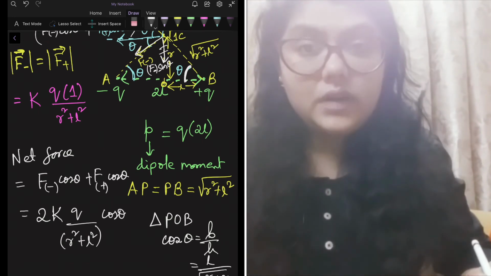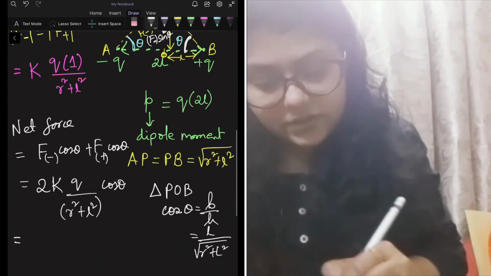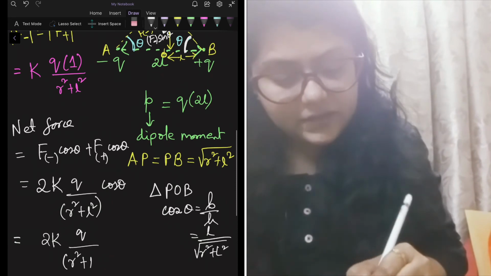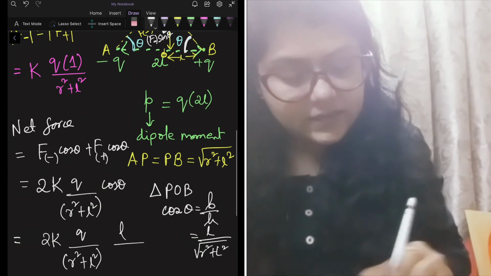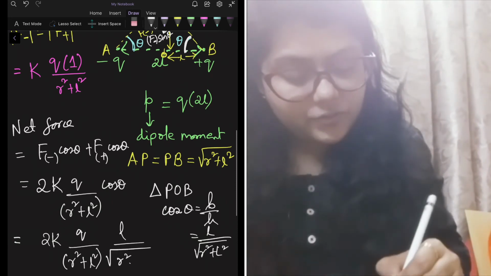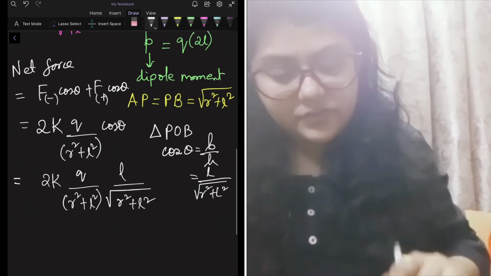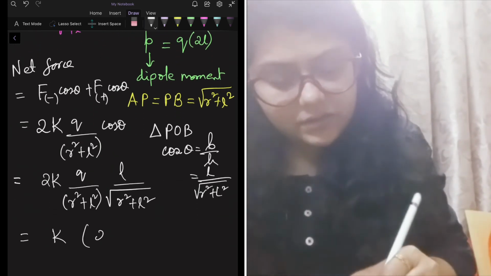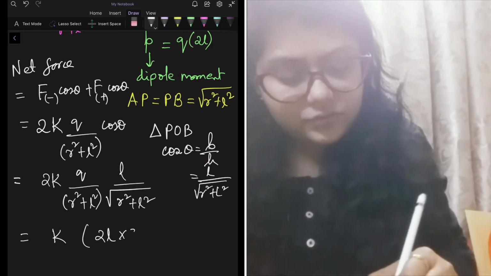So what I will do now, I will substitute here 2k q by r square plus l square, cos theta is L times root r square plus l square. Now see what I will do, I will take 2ql together, 2l into q. Why?